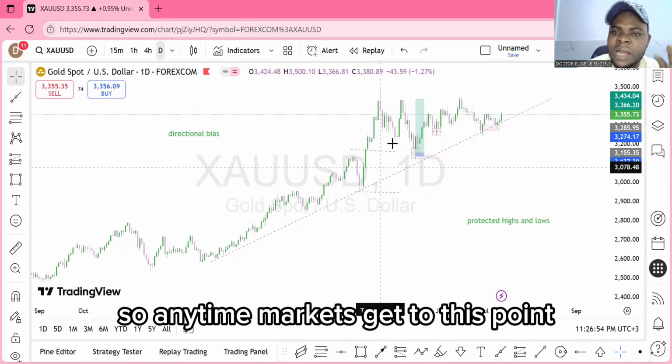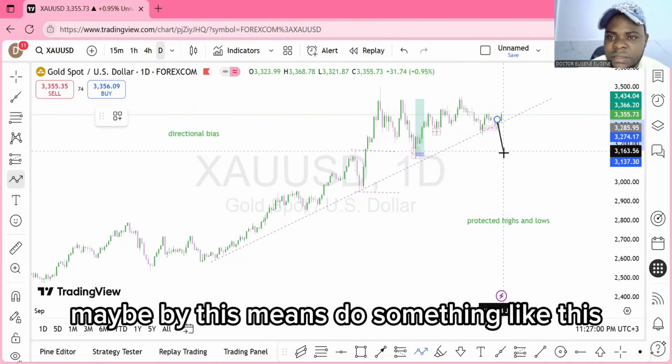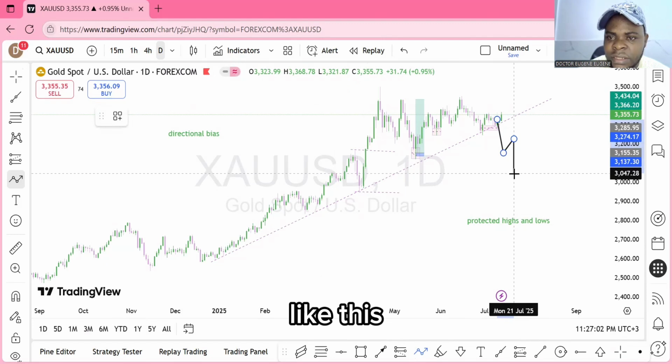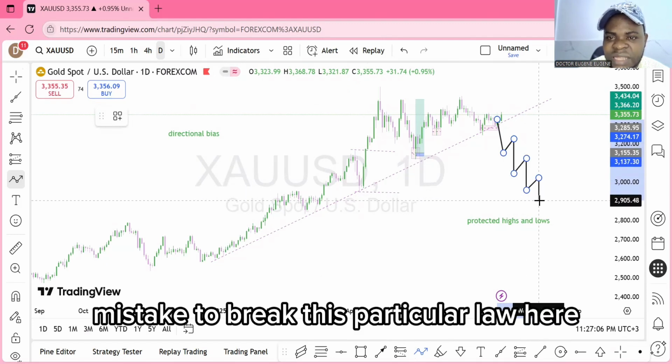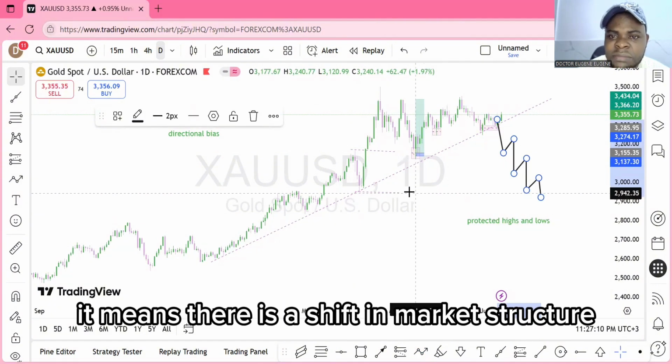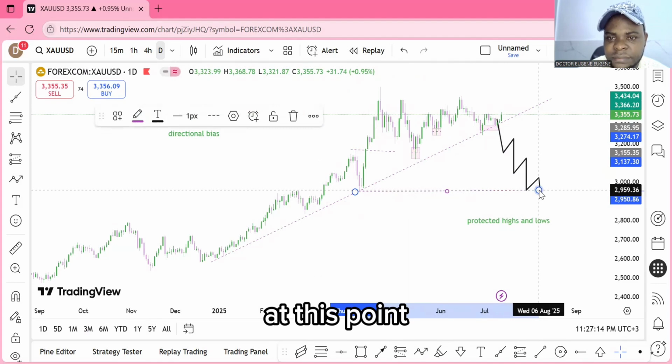So anytime the market gets to this point and mistakenly breaks this particular low here, it means there is a shift in market structure at this point.